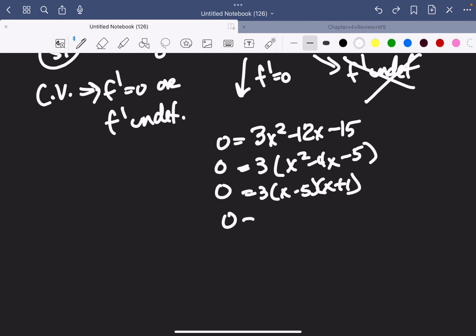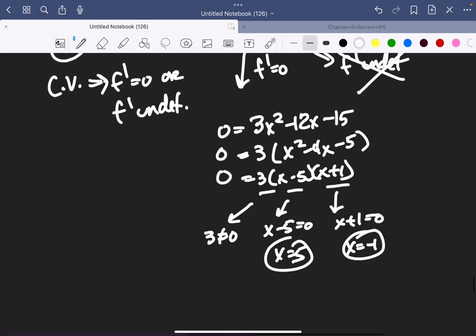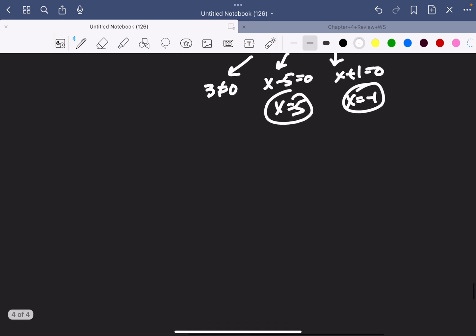But that means that one of those must be 0. So either this equals 0 or this equals 0. Because we know 3 can never be 0. So you either get 5 or you get negative 1 for your possible critical values.